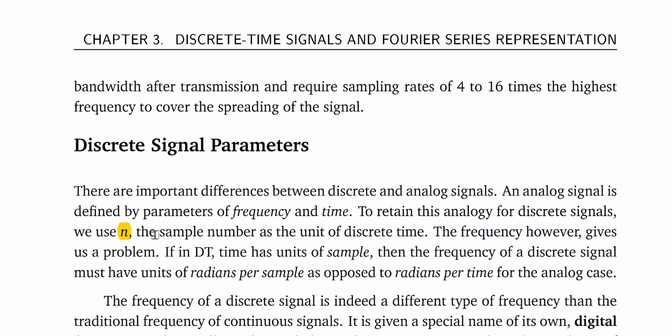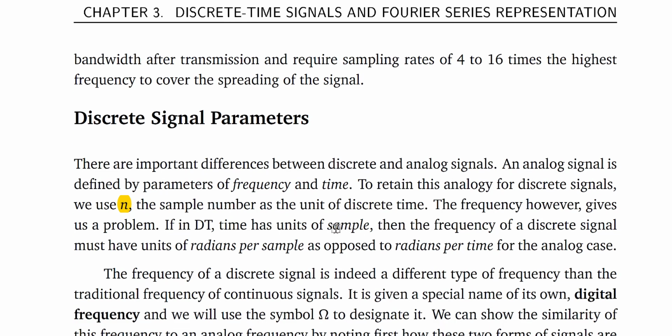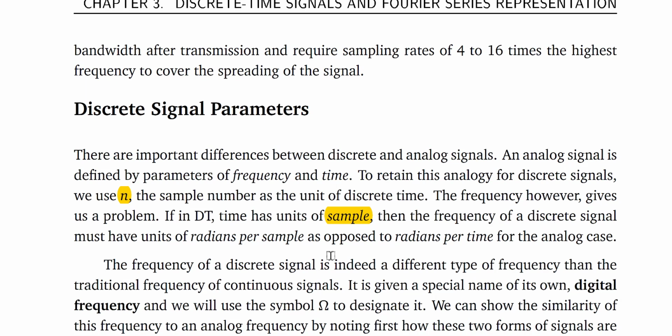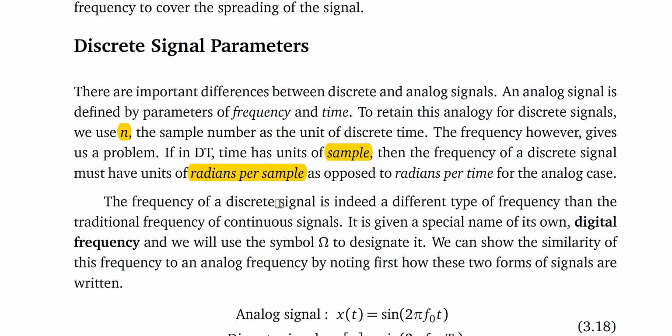But here we're saying the time is a number, and it has units of samples instead of real time. And the frequency of a discrete signal then must be radians per sample instead of radians per time, as in the analog case.